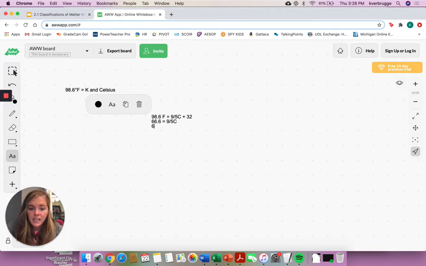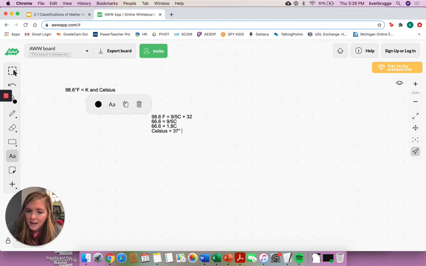I'm going to make this easier on us and do 66.6 equals 1.8 Celsius, instead of having to deal with the fraction. Then we can just divide by 1.8 on both sides so that we end up with Celsius equals 37 degrees.